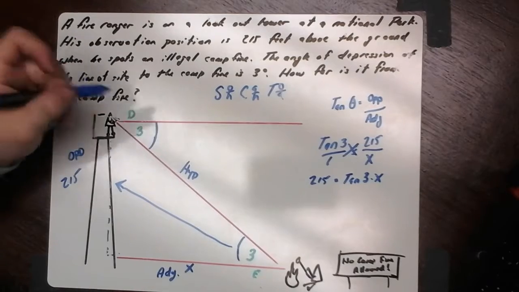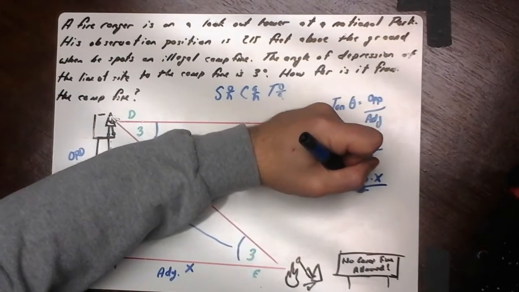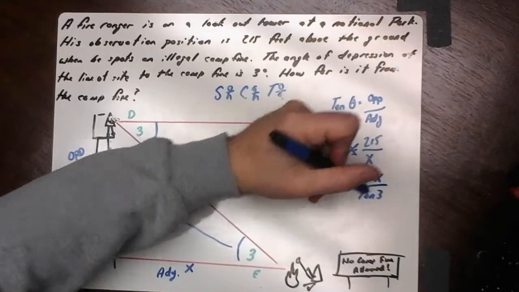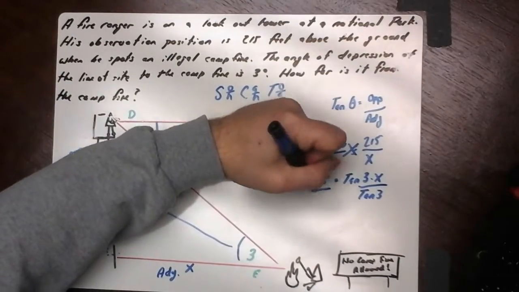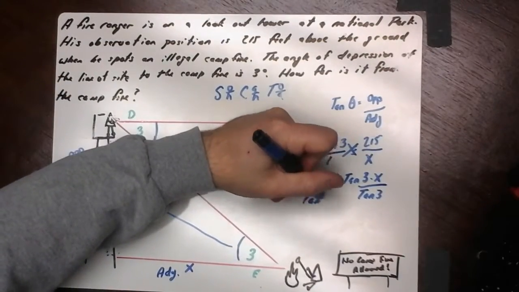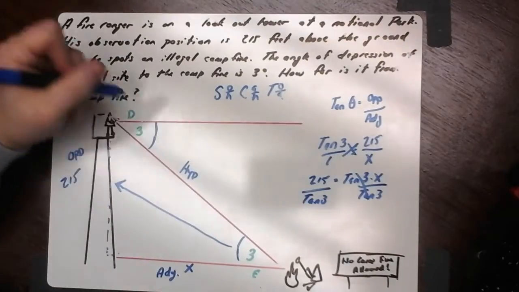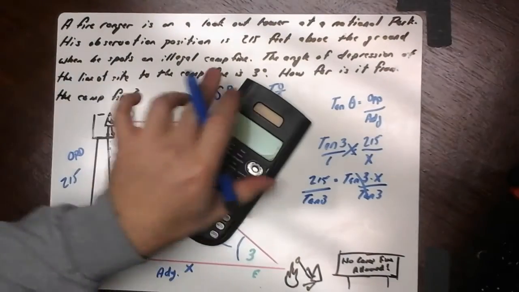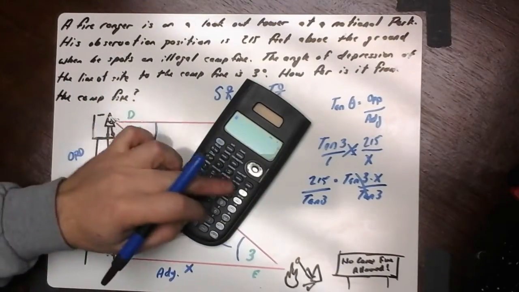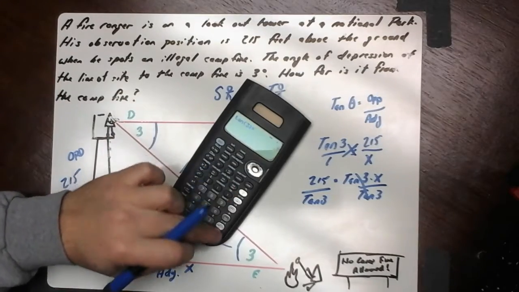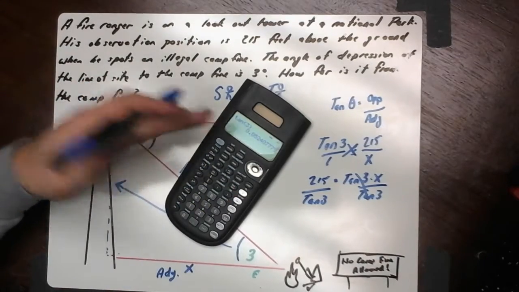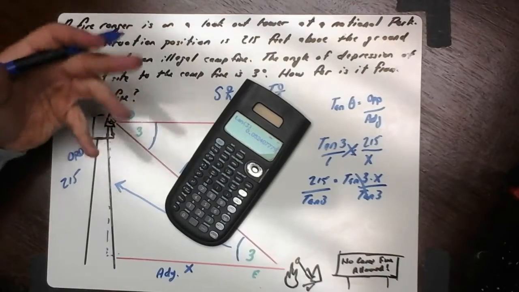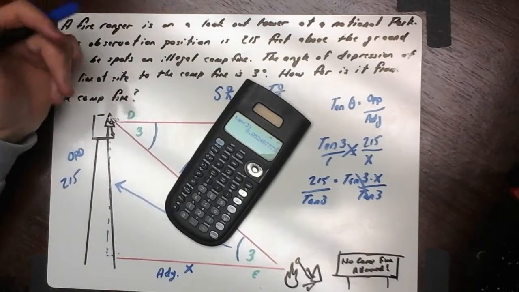So now I'm going to divide. So I'm dividing tangent 3 out so then I can get x by itself. Respect, tangent 3 is a number. So if I plug into the calculator just tangent 3, that's that number right there, 0.0524, blah, blah, blah.